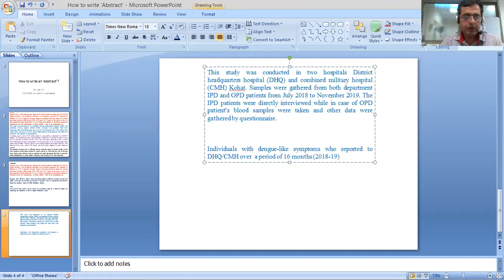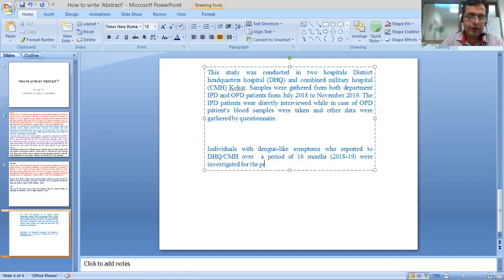were investigated for the presence of NT dengue, IgG, or IgM.